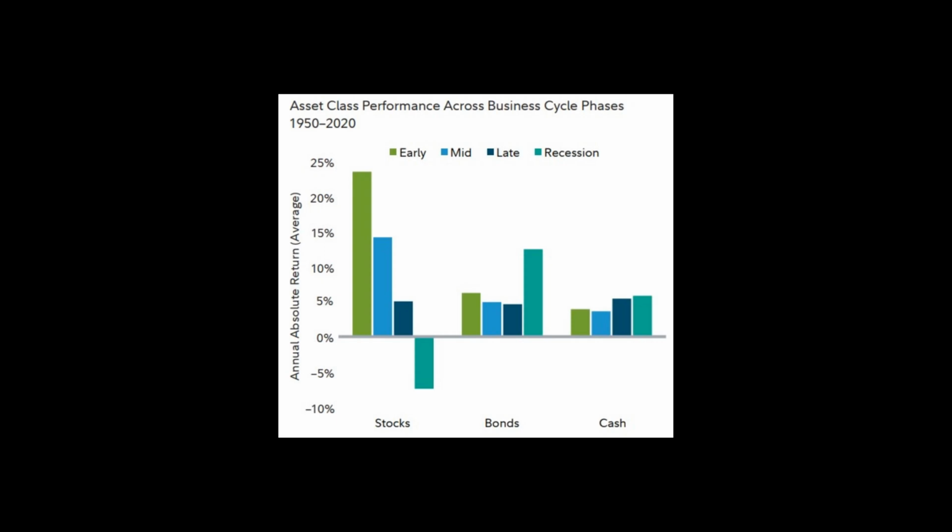In the recession, which is the shortest phase of the cycle, stocks generally perform the worst, with bonds outperforming, as well as cash performing relatively well.